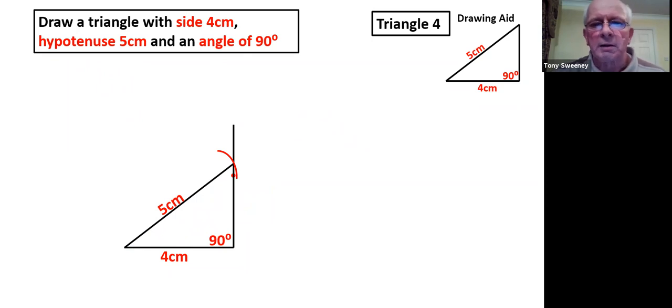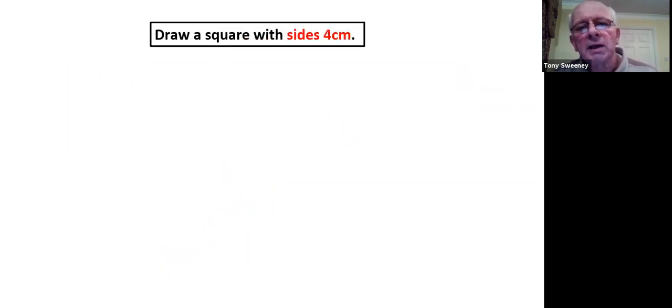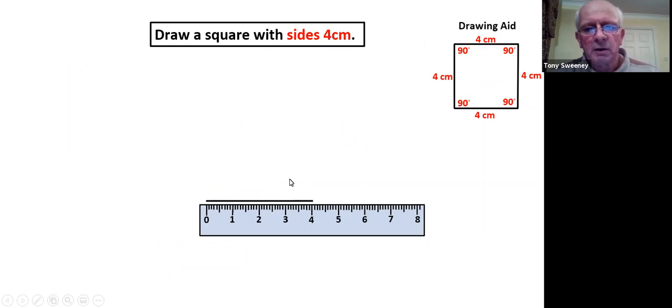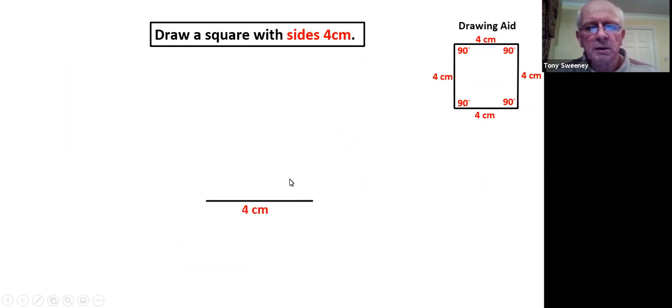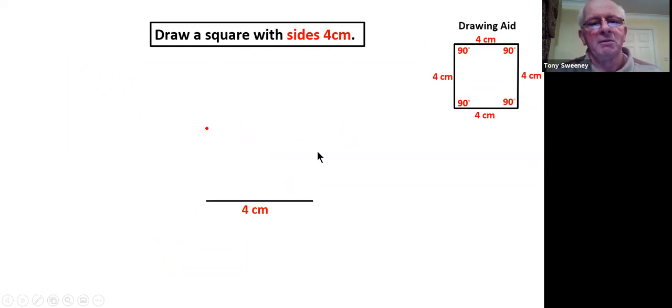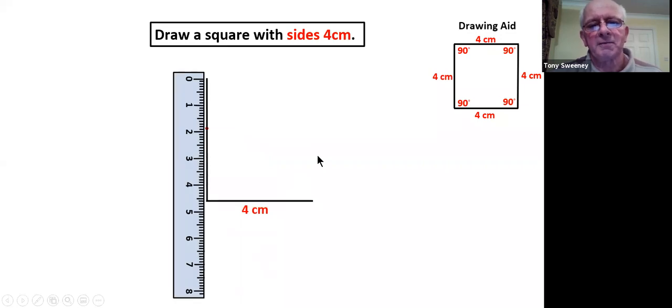That's the 4th triangle. Now, the last construction we're going to do, we have to draw a square with sides 4 centimeters. This is on QQI level 3 as well. So there's the drawing aid. So we start off with a 4 centimeters line. We get our protractor, sorry, and we measure 90 degrees and draw a line.